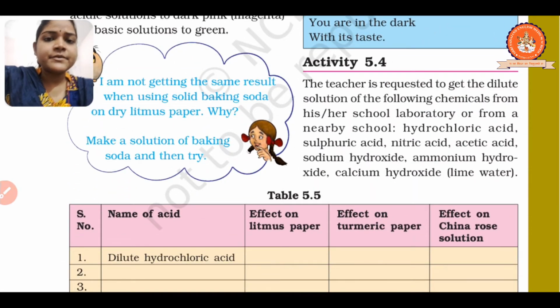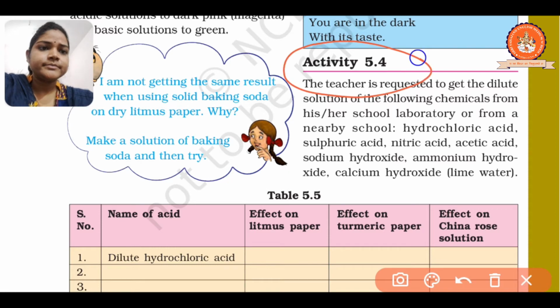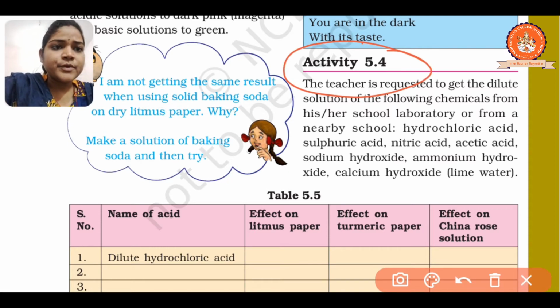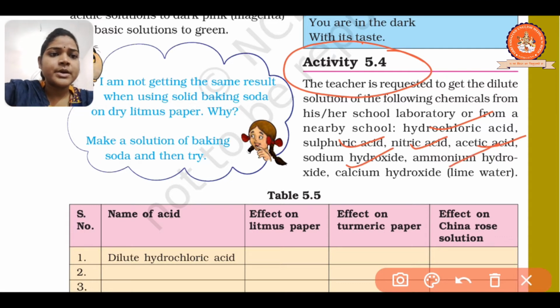Then activity 5.4. In activity 5.4, some substances are given, such as hydrochloric acid, sulfuric acid, nitric acid, acetic acid, sodium hydroxide, ammonium hydroxide, and calcium hydroxide.